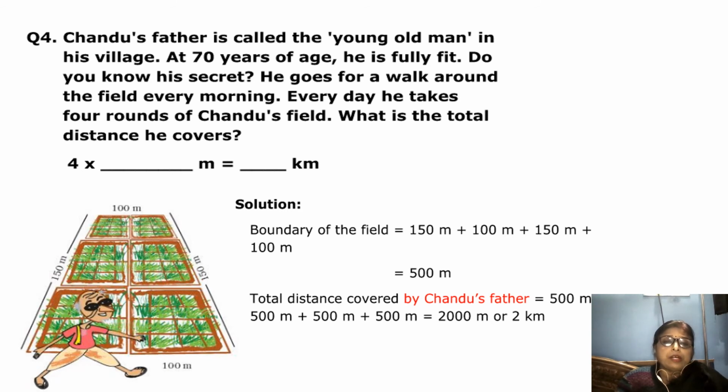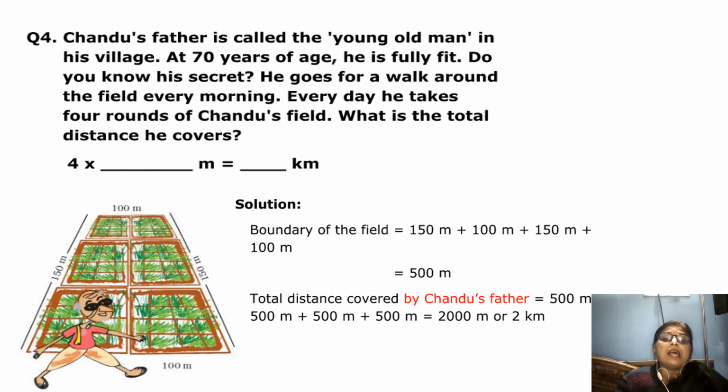So Chandu's father is at the age of 70, but he is physically fit and people call him young old man because he does not have any disease. He can do every work and the secret of this physical fitness is walking. My dear students, as you know, walking is a good exercise.